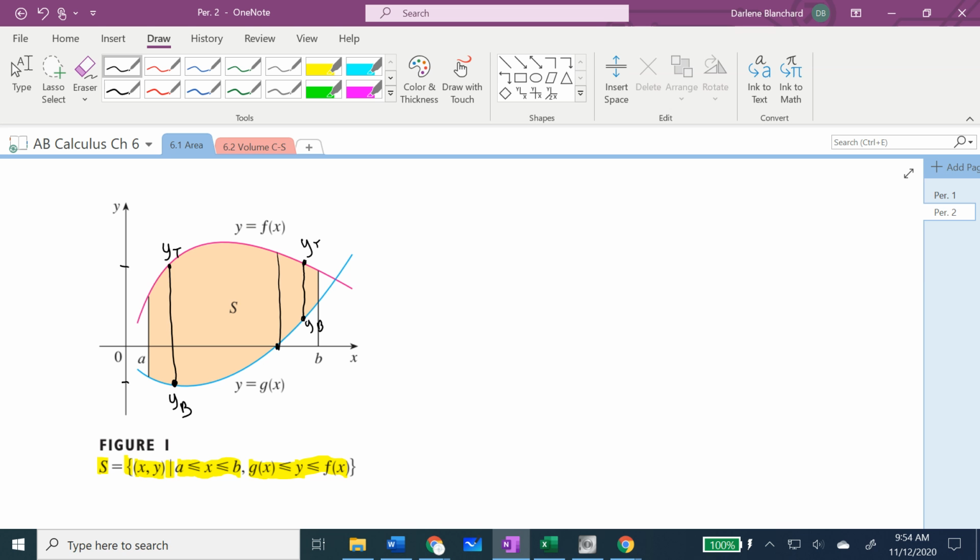They might both be above the x-axis, they might go between, or they might both be below the x-axis. Either way, you will get a positive number if you always subtract in the order of the top y value minus the bottom y value, even if they're both underneath the x-axis.